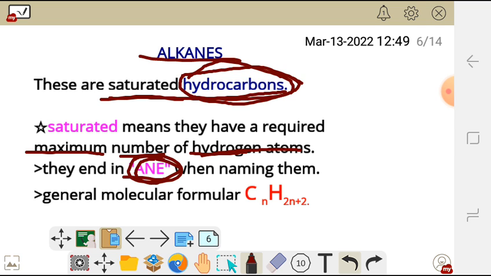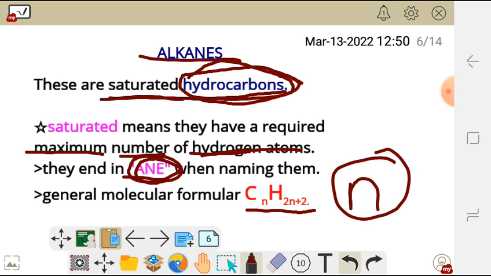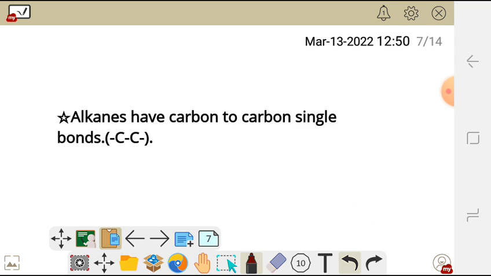The general formula is CnH2n+2. The n in this formula represents the number of carbons in that compound. Let's also look at the functional group of alkanes.